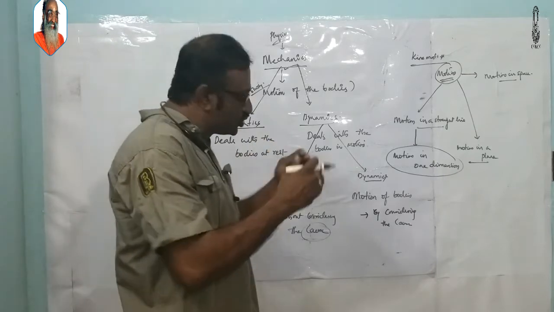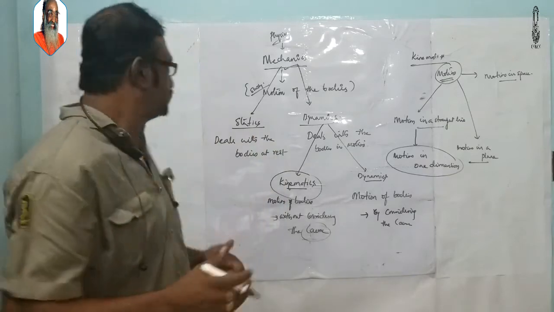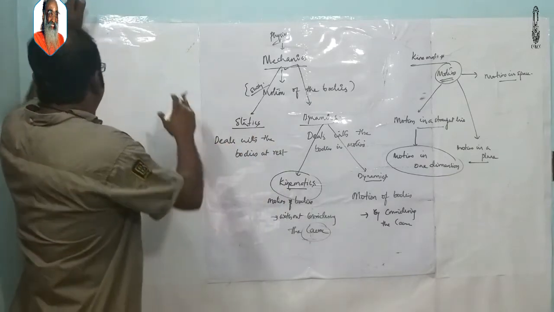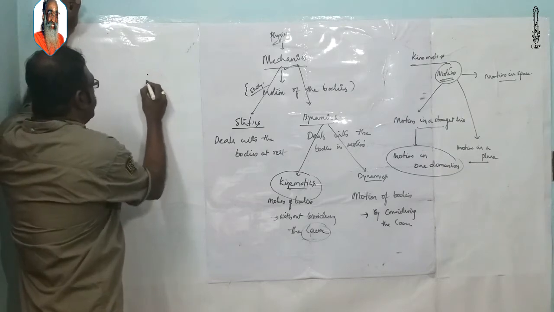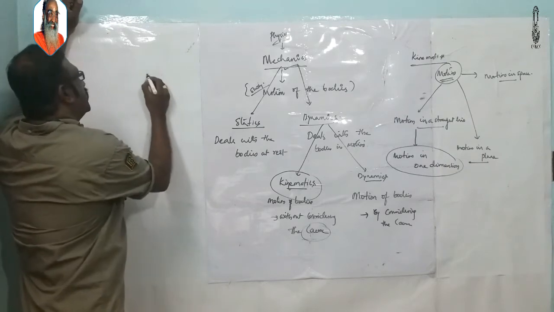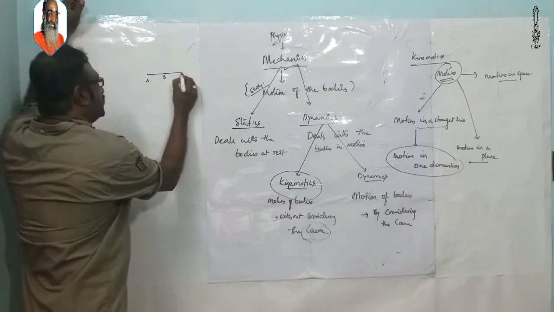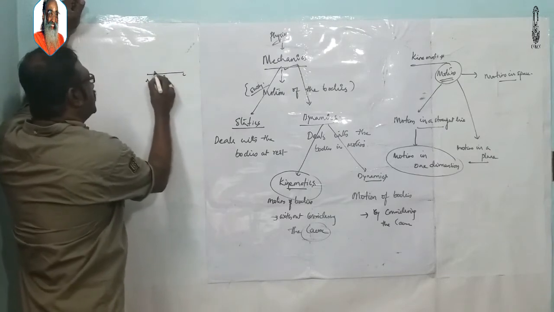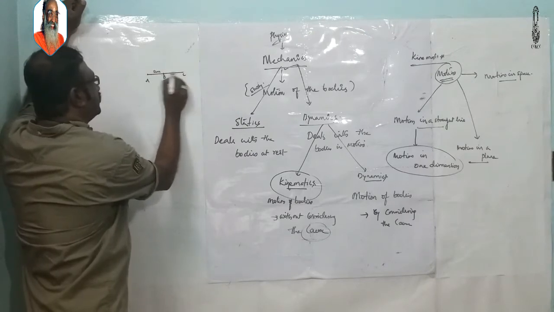Just to show this motion in one dimension, if you want to show where the body is, for example, I will make it here. Suppose it is starting from here, point A, and the body is moving to B and then to C. So let this be 5 centimeters, and from here to here another 5 centimeters.